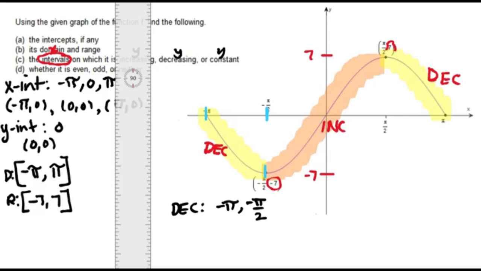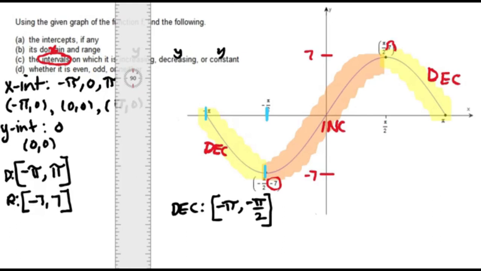So you need to pay attention to whatever definition is used in your book to decide whether you're going to put parentheses or brackets on these endpoints. So in my college algebra class, we would put parentheses, but in my pre-calculus class, we put brackets to include the endpoints. So these are the intervals of decreasing.